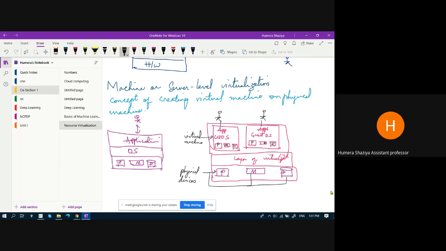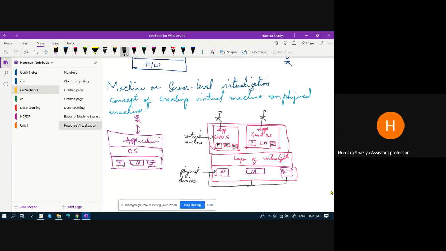Let me give you another example. You have your Gmail account. All of you have Gmail accounts. Is a separate server maintained for individual accounts? No, right? You have only one server.